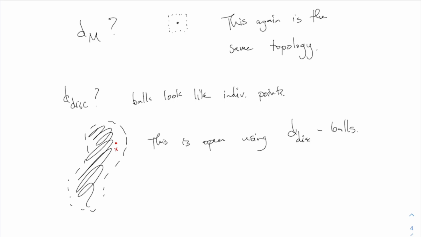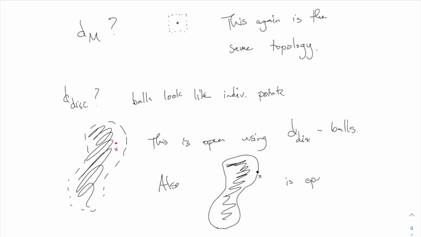But actually, since you're allowed to just use that point by itself, I would say also something like the peanut with its boundary points, even if you chose x right on the side there, this is still open, since I can use x as a ball by itself.